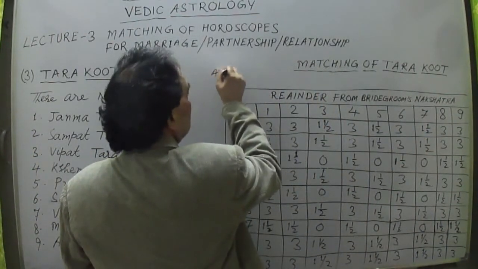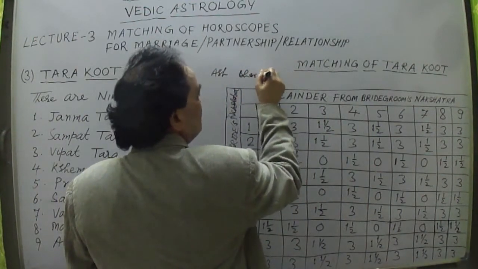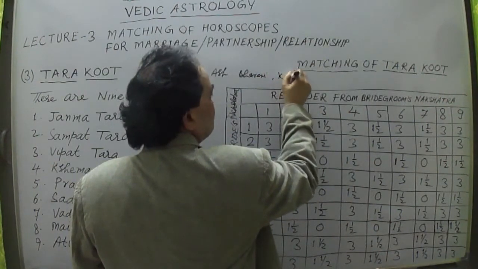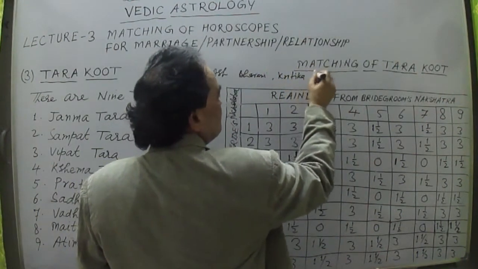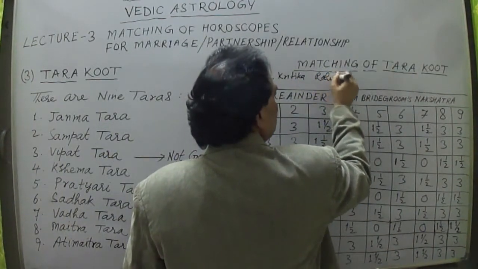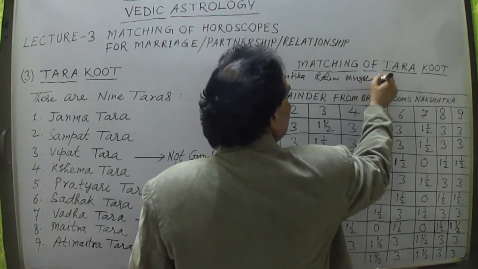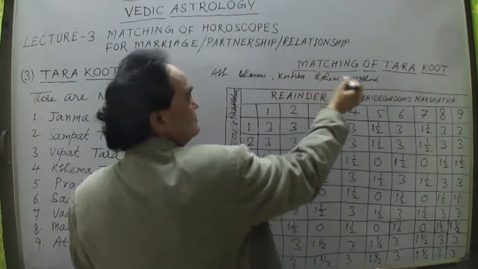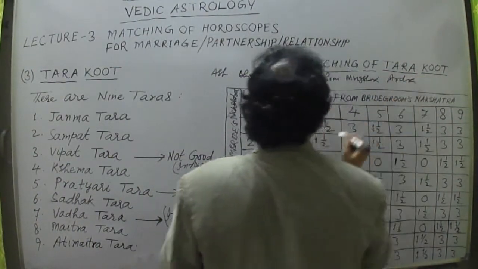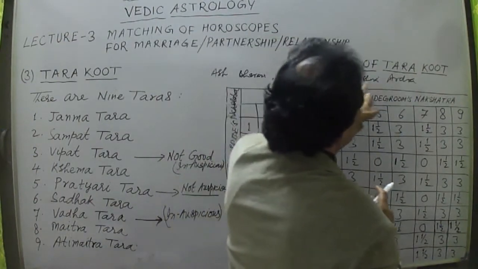Ashwini, Bharani, Kritika, Rohini, Mrigashira, Ardra. This is the 6th one, Ardra. 1, 2, 3, 4, 5, 6.